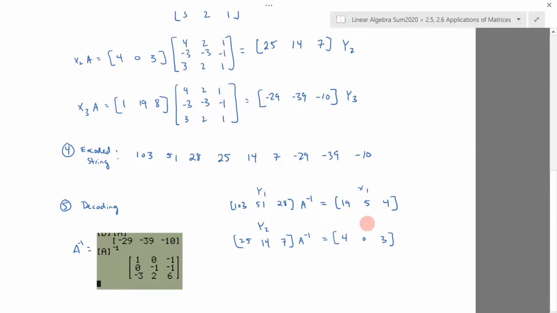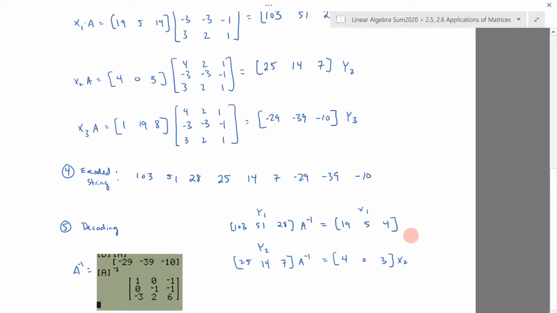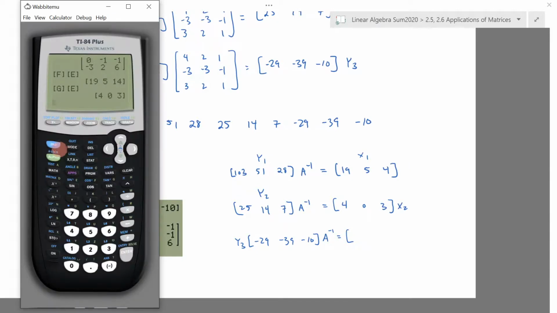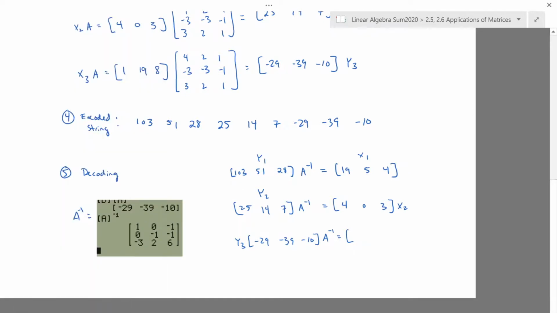So that's x2, which is exactly what we want. And then finally, I do y3. So negative 29, negative 39, negative 10 times A inverse. That was H times E. Gives me 1, 19, and 8.